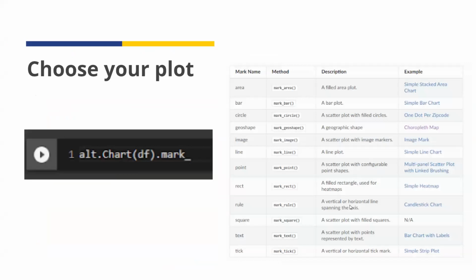This is a snippet of the documentation that shows just a few different plot types that you can use. Ultimately, whichever plot you use is up to you. It depends on the type of data you're using as well. And there are examples for all of them in the documentation.